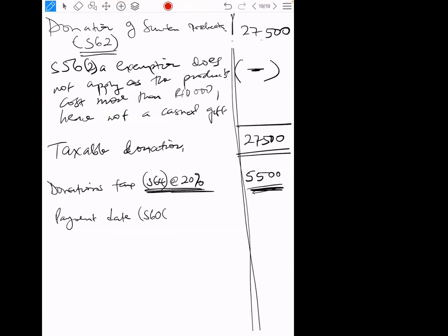Section 61. By 30 April 2020. Right? See, it's key there. Payment date is before the end of the month following the month in which the donation was made. When was the donation made? March. What is the end of the following month? 30 April.